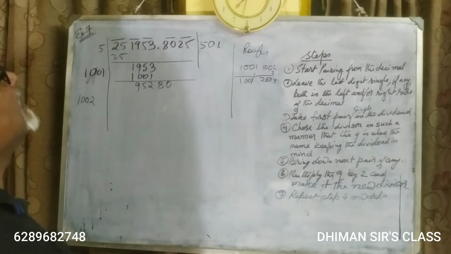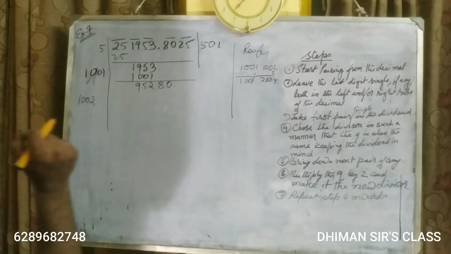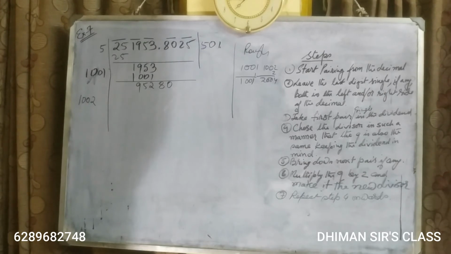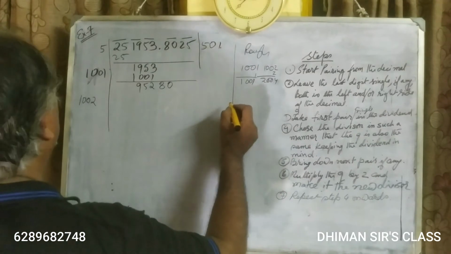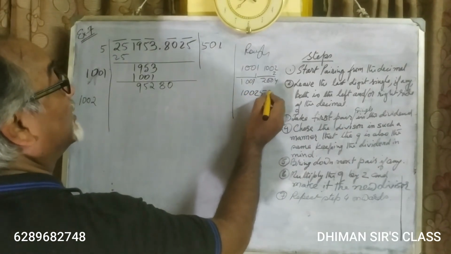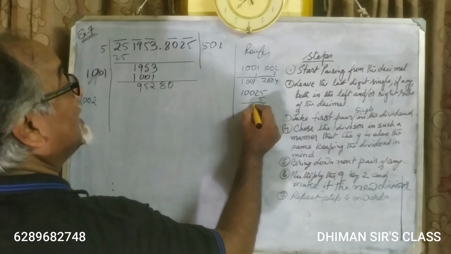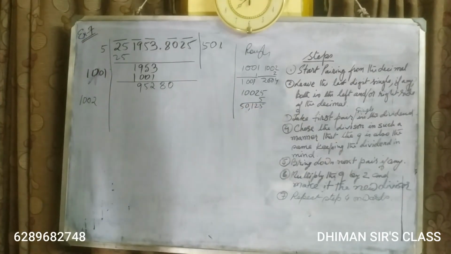1002, if we multiply, we need to get 95,080. So what to do? Let us take 1002 5. 5 5s are 25, 5 2s are 10, 11, 12, 0, 5 1s are 5, 125.